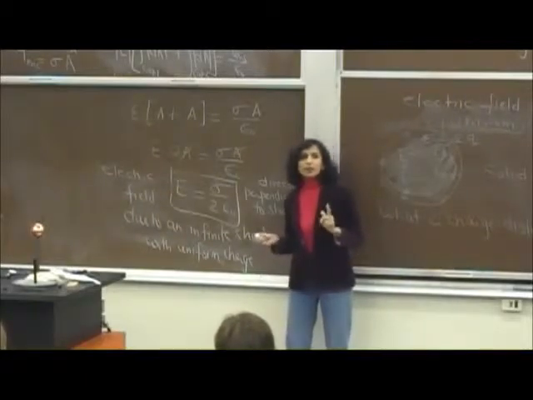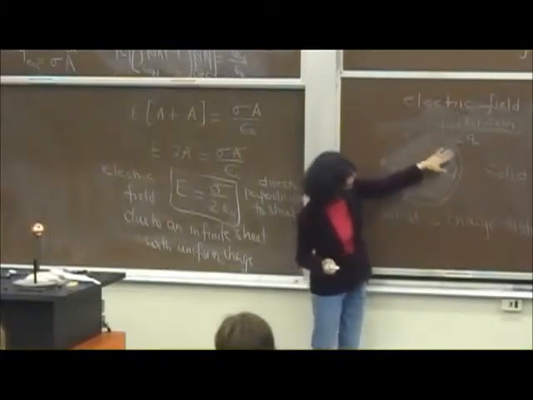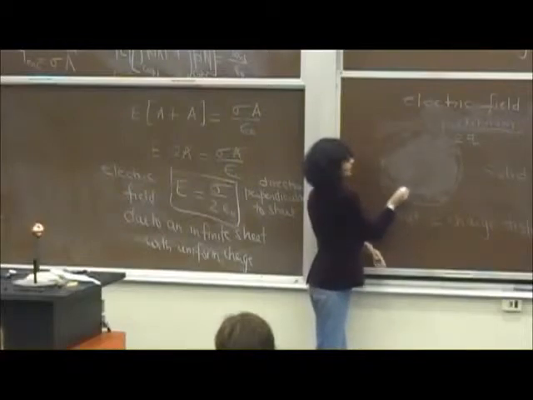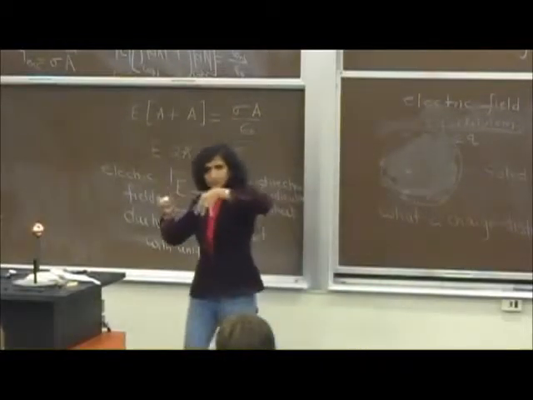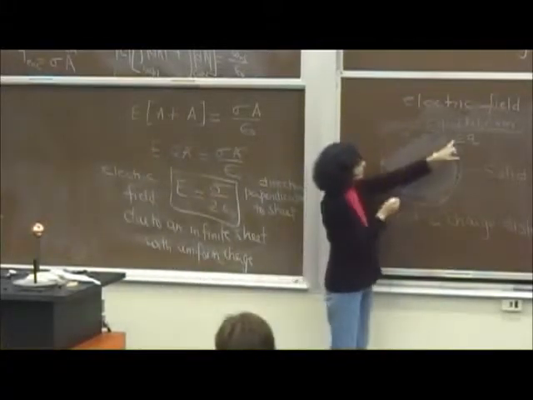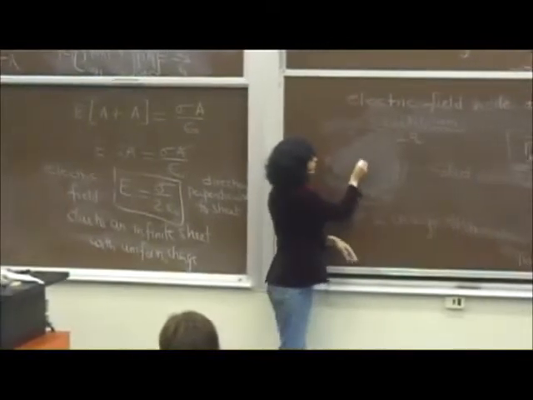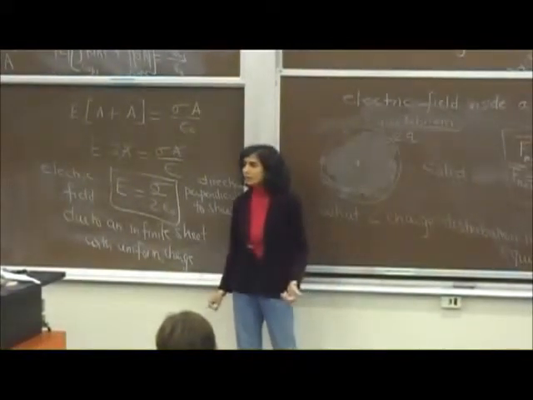Now let's think about what would be the problem if there was some charge, say for example over here. Suppose there was some charge left inside the bulk of the sphere. Is there a problem?